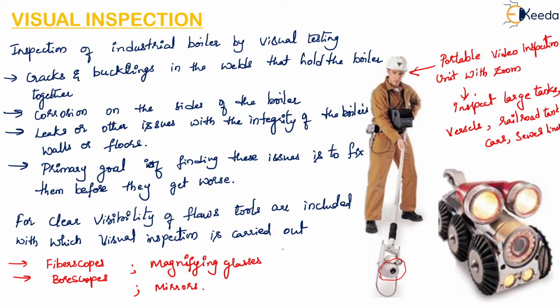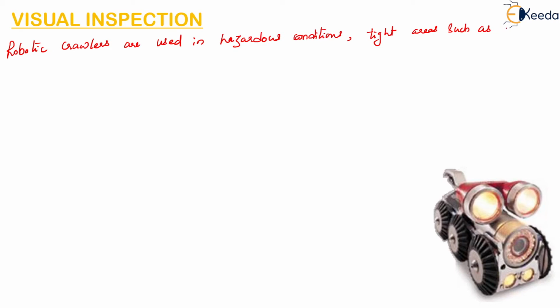Robotic crawlers are used in hazardous conditions and tight areas such as air ducts, reactors and pipelines.